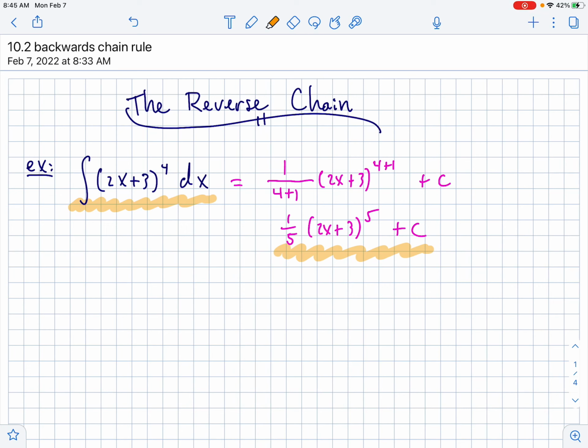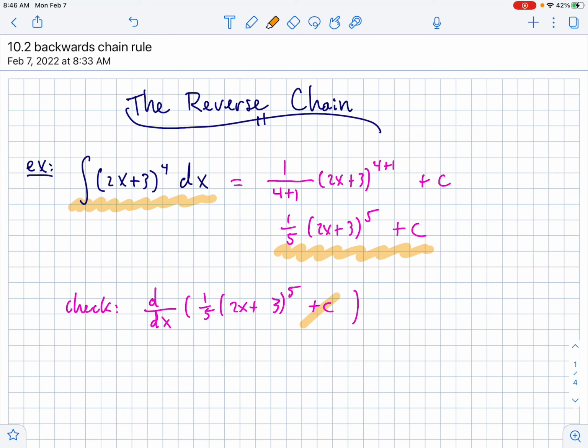So I'm going to check it by taking the derivative of 1/5 (2x plus 3) to the power of 5 plus c.